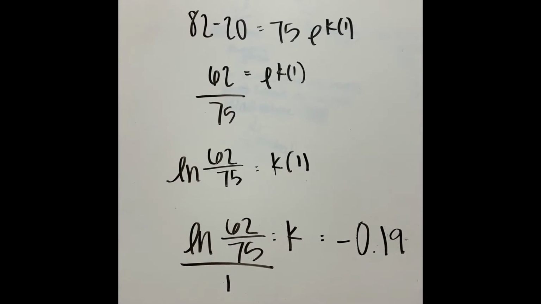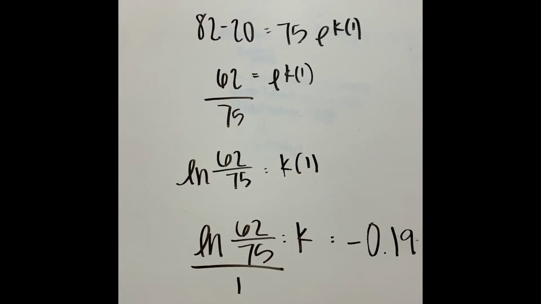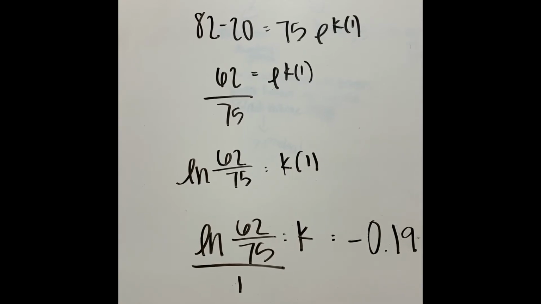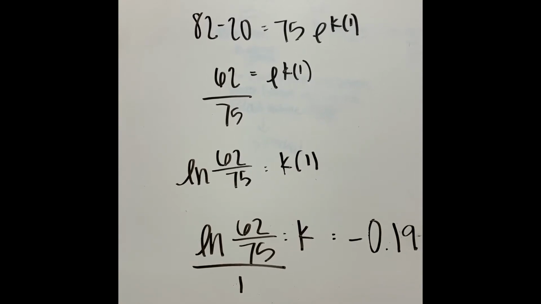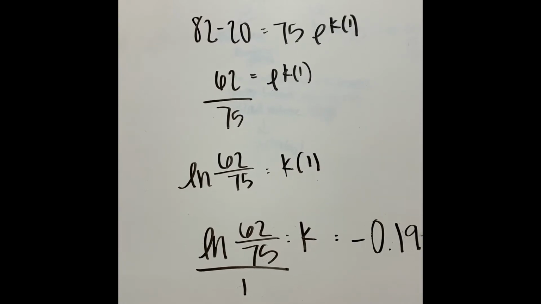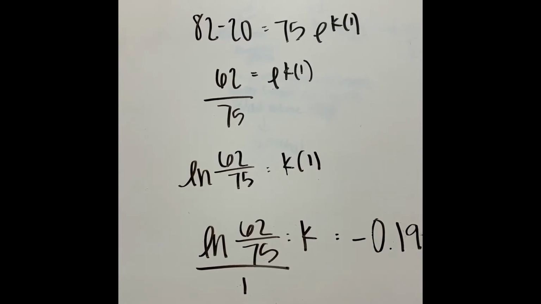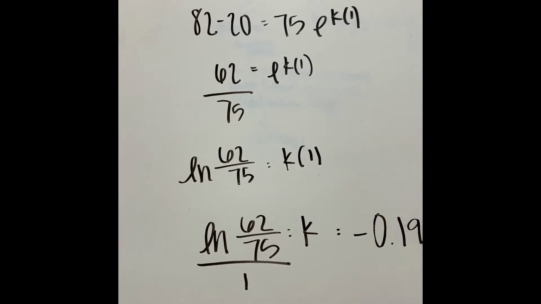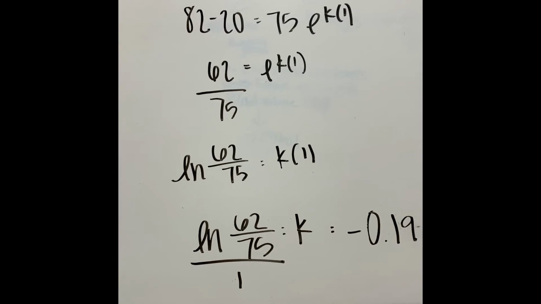Okay, now we worked a little bit ahead, but don't get confused. All we did was we started to solve for K. So we started by subtracting the 20 over to the side with the 82. That leaves us with 62. Then we divided the 75 over, which is 62 over 75, leaving e^(k·1) on the other side.